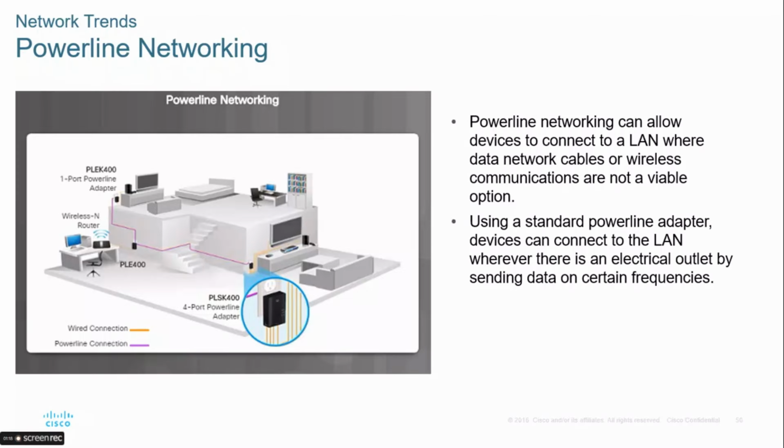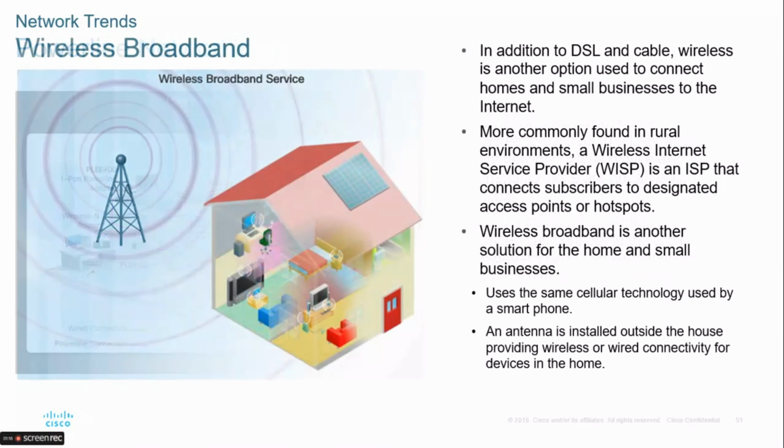Using a standard power line adapter, the devices can connect to the LAN where there is an electric outlet by sending data on the network frequencies. You can see here, there is just one socket powering the entire LAN. So that is the technology that is happening in home networks.